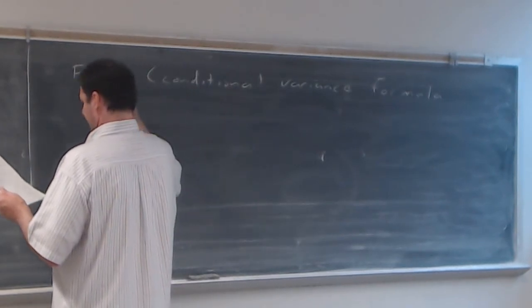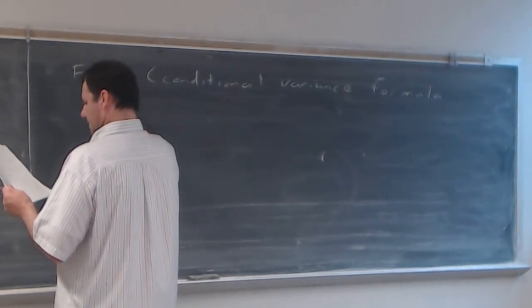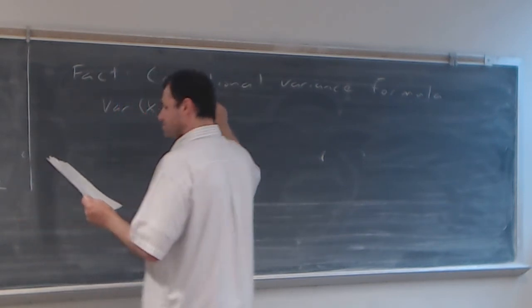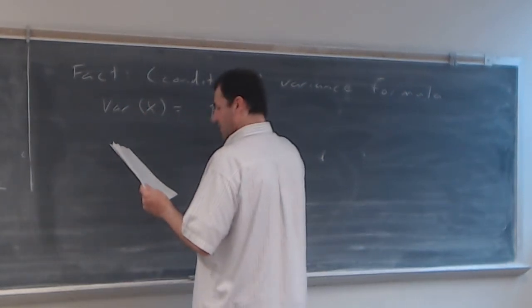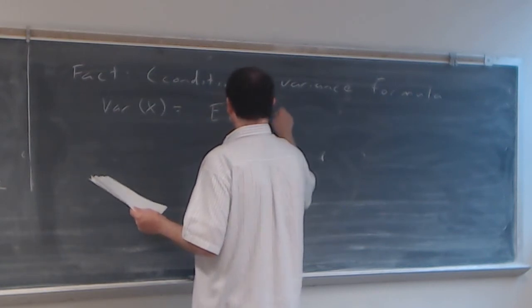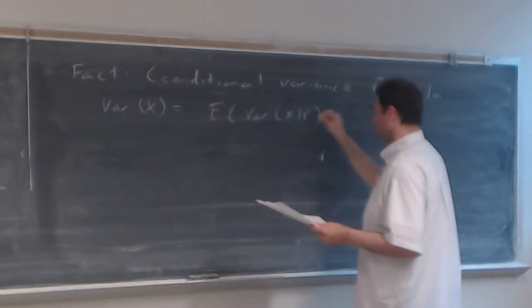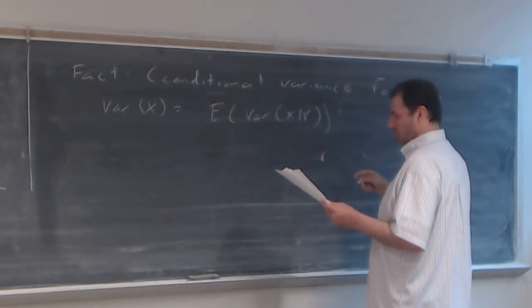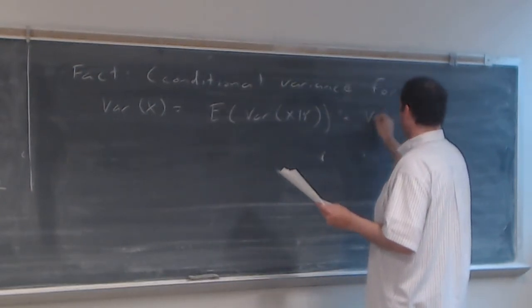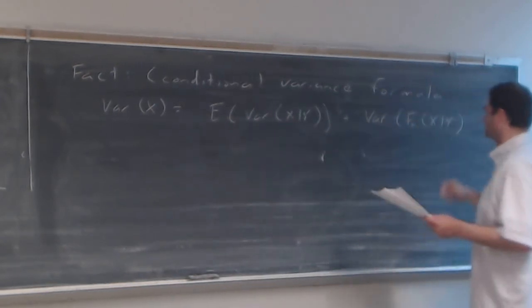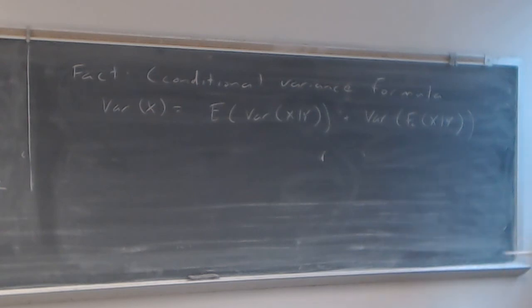It says the variance of x is equal to the expected value of the conditional variance of x given y plus the variance of the conditional expectation of x given y. So we want to prove this.